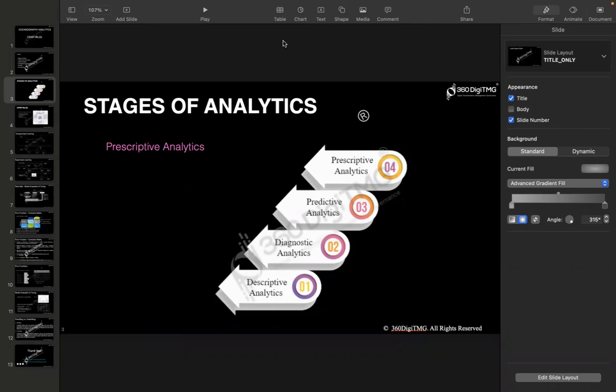So in this process, it is much faster and more comprehensive than human capability could manage in prescriptive analytics. So this was about the 4 stages of the analytics.